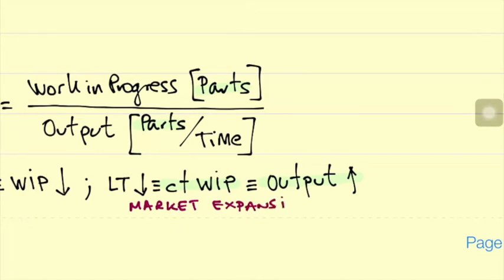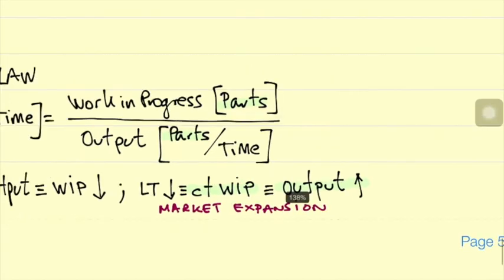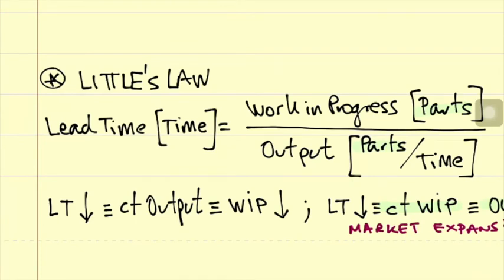You want to sell more, but you want to keep your inventory under control. In a market contraction, you want to reduce your inventory while you keep your output constant.